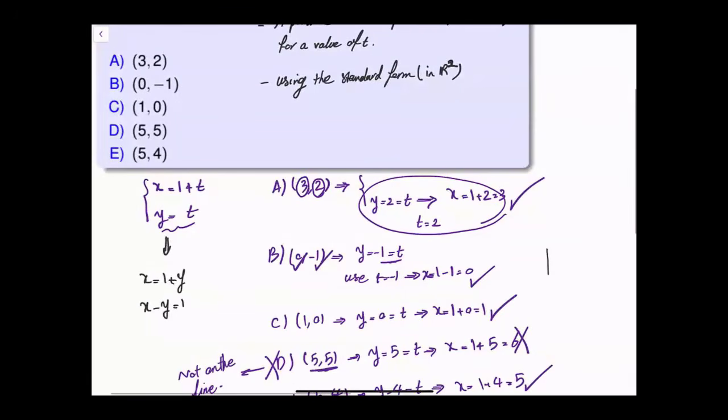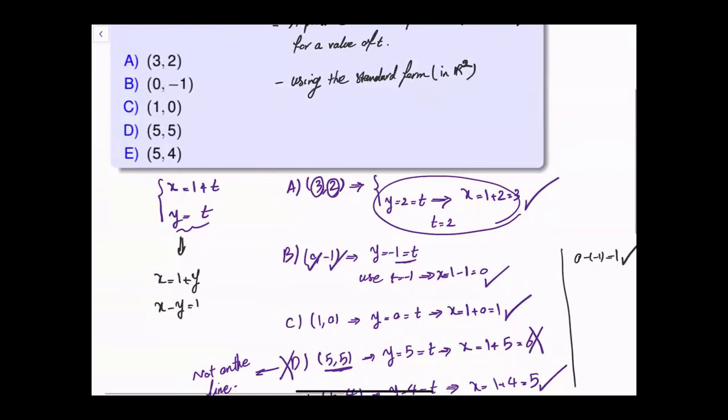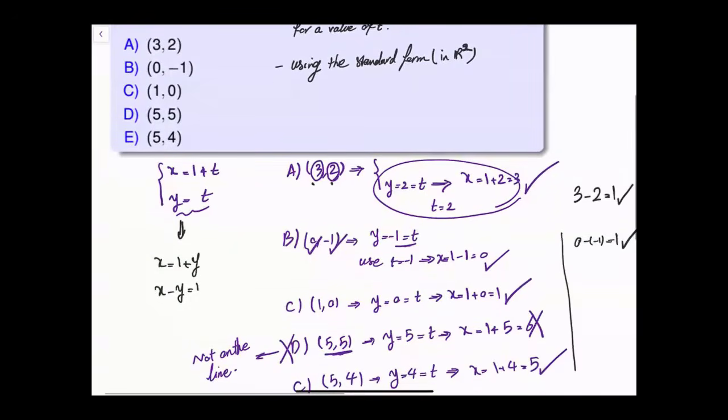Maybe I do it quickly here. For B, you have 0 minus -1, which is equal to 1, satisfied. For A, 3 minus 2: x minus y is equal to 1, so it satisfies.